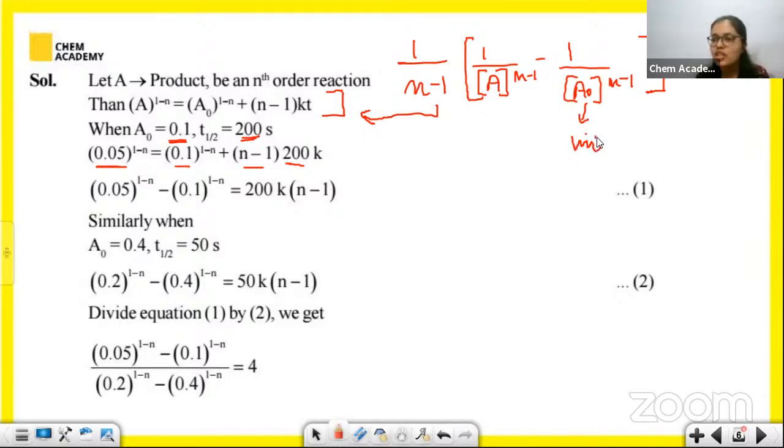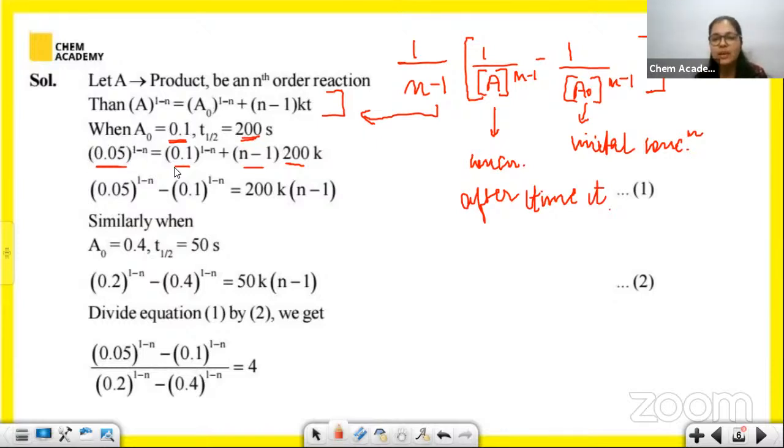This is the initial concentration, and this is the concentration after time t. So concentration after time t, that is half life time, will be half of the initial concentration. After putting these values, we will get this equation.